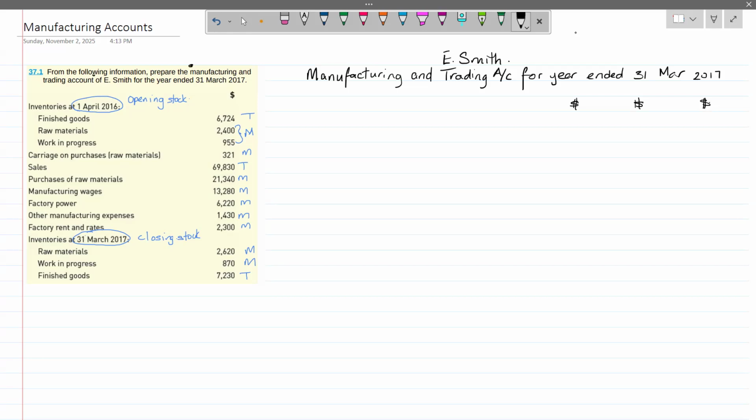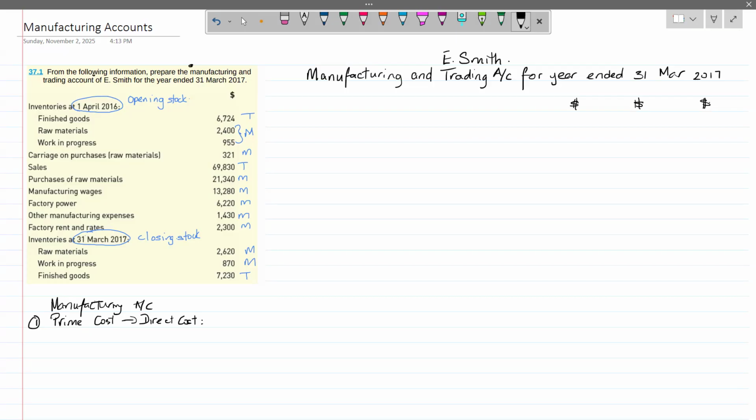Now, this is how I want you to think about the process. In a manufacturing account, the first thing you need to do is get a prime cost. Prime cost is going to be all your direct costs.